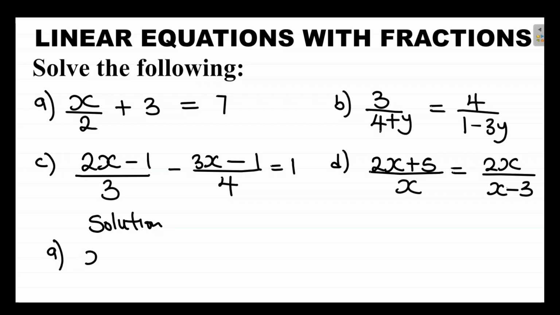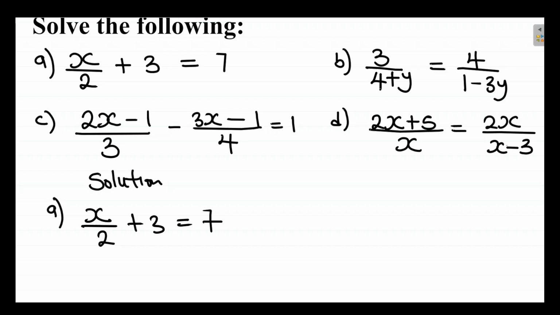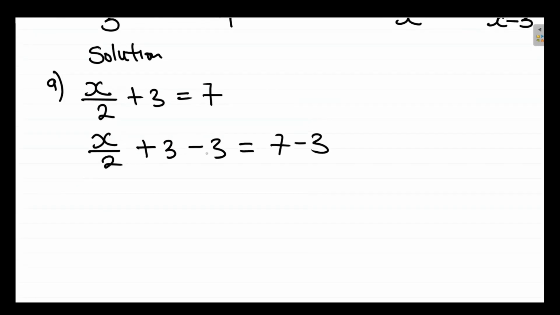A says x divided by 2 plus 3 equal to 7. To obtain the value of x, we have to subtract 3 from both sides. So the equation becomes x divided by 2 plus 3 minus 3 is equal to 7 minus 3. At this point, we have that plus 3 and minus 3 will cancel out.